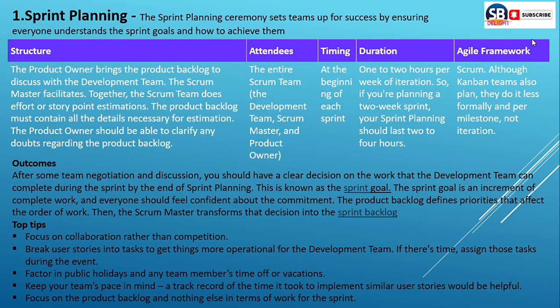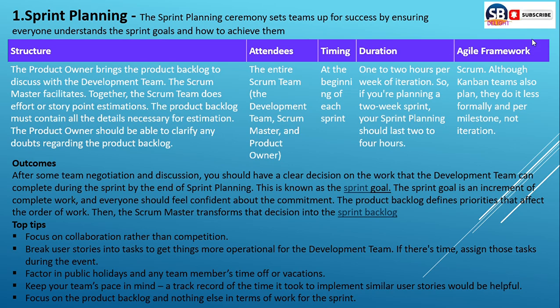Agile frameworks means Scrum, although Kanban teams also plan. They do it less formally and for milestones, not iterations. Let's see the outcome, how it will come. After some team negotiation and discussion, you should have a clear understanding of the work that the development team can complete during the sprint by the end of sprint planning.